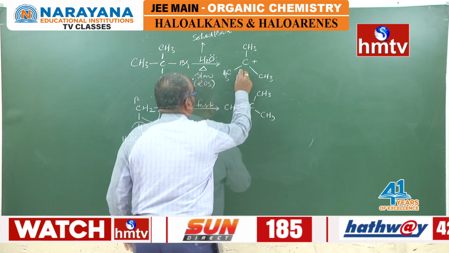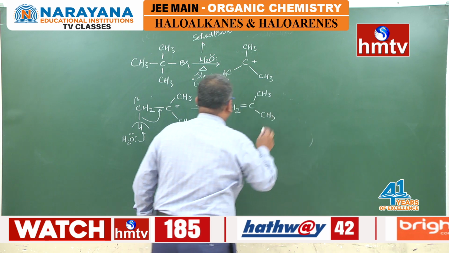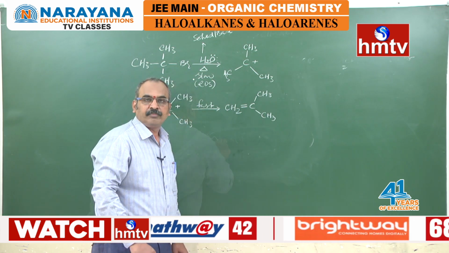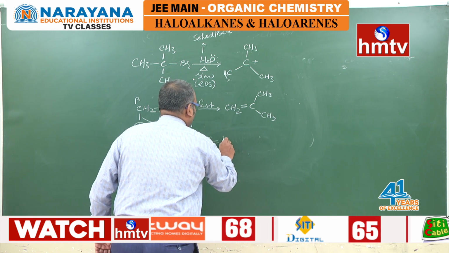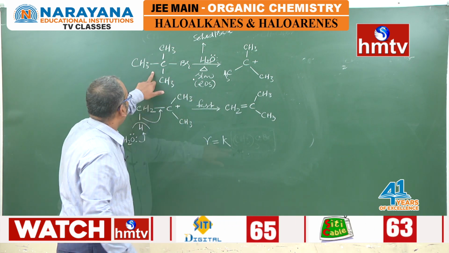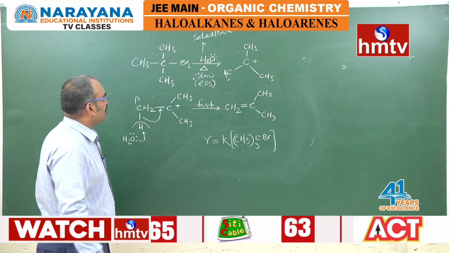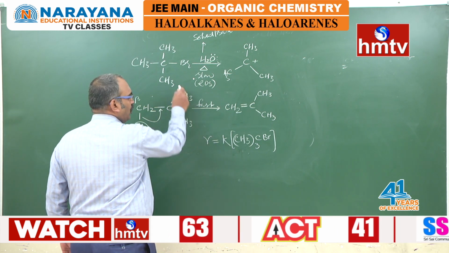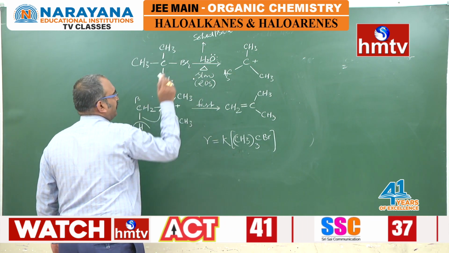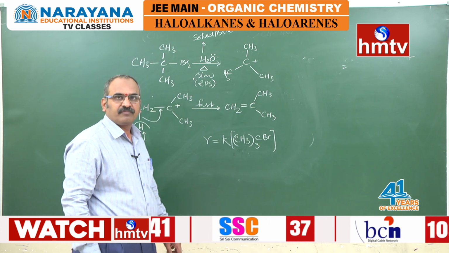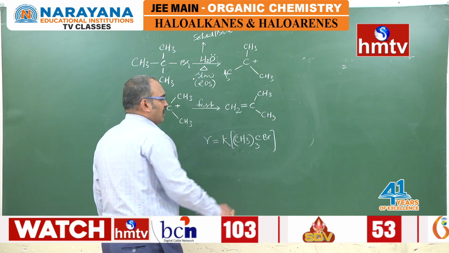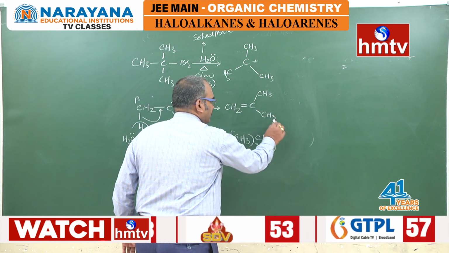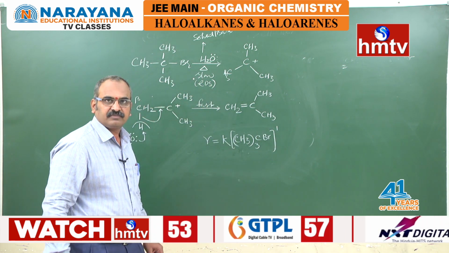Now, from the slowest step you can write down the rate determining step. From the rate determining step we can write rate is equal to K into the concentration of tertiary butyl bromide, because only tertiary butyl bromide is participating in the slowest step of the reaction. So, the rate of the reaction depends upon only the concentration of the alkyl halide, hence it is considered as a first order reaction.